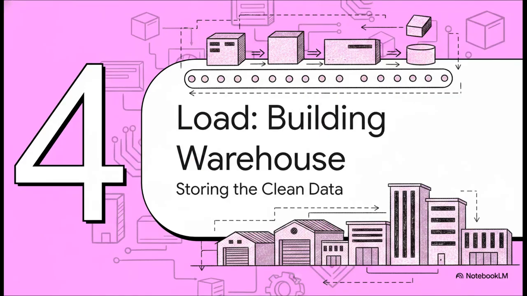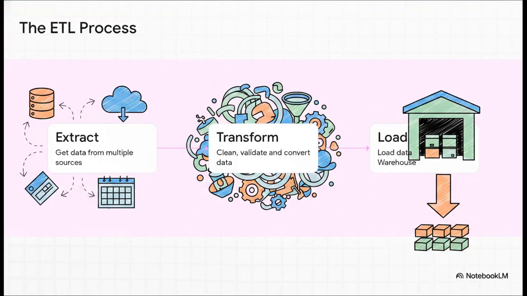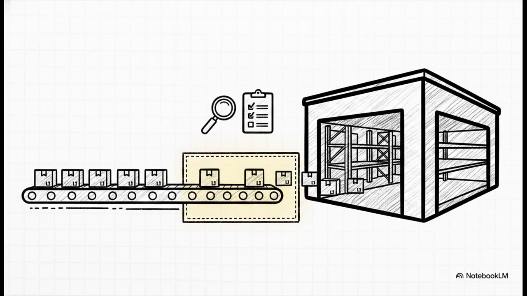And that takes us to part 4, load, building the warehouse. We have officially reached the final gear in our core acronym. We extracted, we transformed, and now we load. This is the process of finally putting our finished goods onto the warehouse shelves. We are loading the clean, validated data into the central data warehouse. But actually, scratch that. It's not always just a simple data dump.